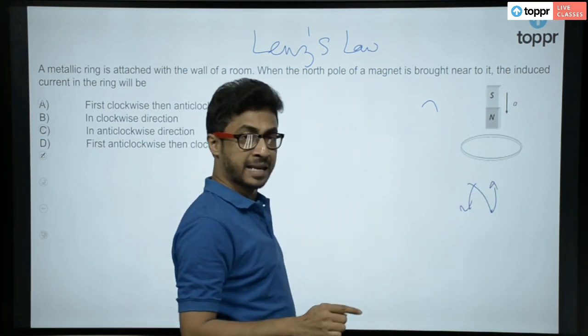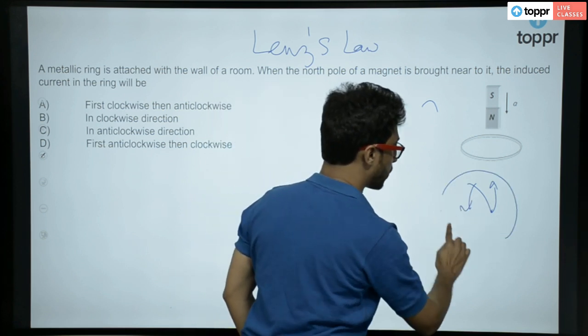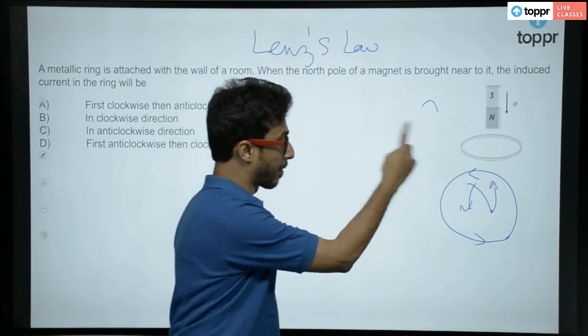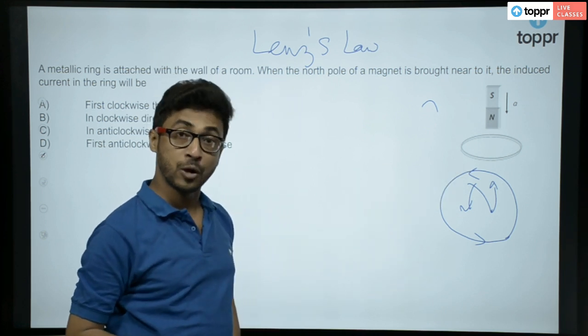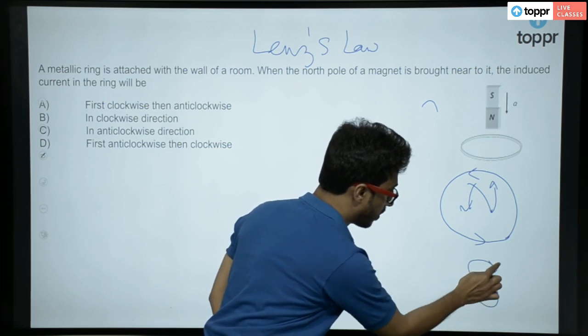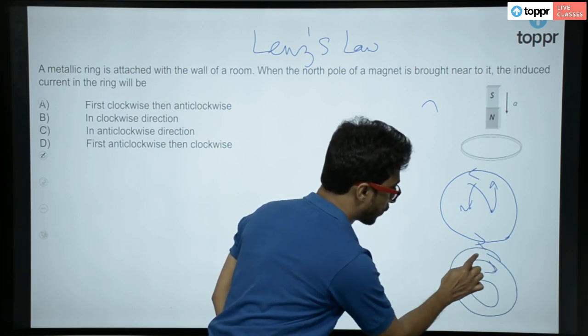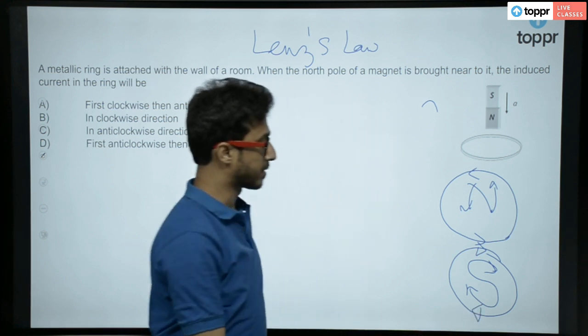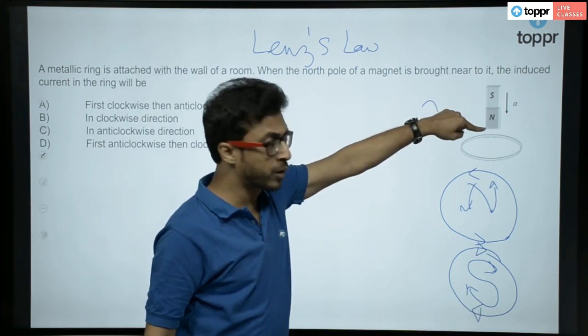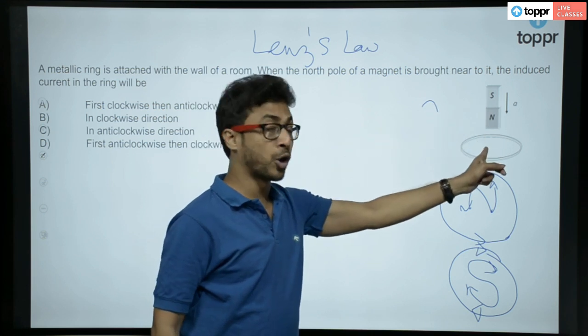And you know, if you draw N like this, to produce a north pole within a circular coil, the current should flow in the anti-clockwise direction. And to produce a south pole, the current should flow in the clockwise direction. Now, by Lenz's law, as north pole is approaching, a north pole should be generated.